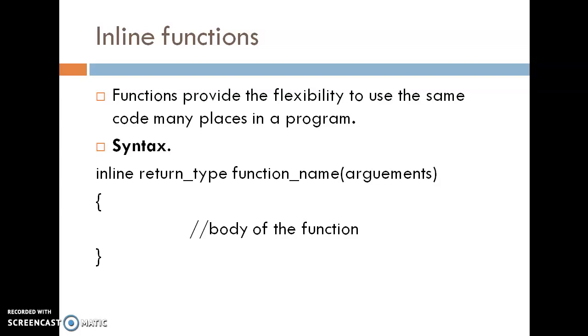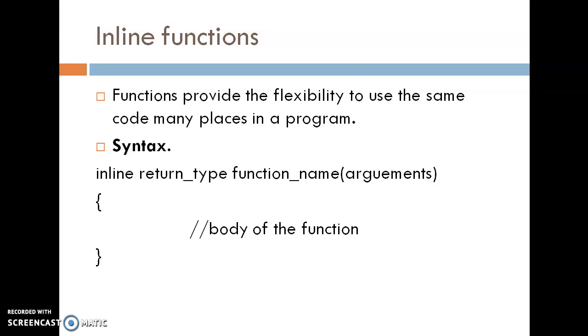So C++ goes one step ahead and provides one solution, inline functions, which are capable of acting as both macros as well as functions. So when there is no need to transfer the control with the argument and with the returning value, the function is made an inline function.